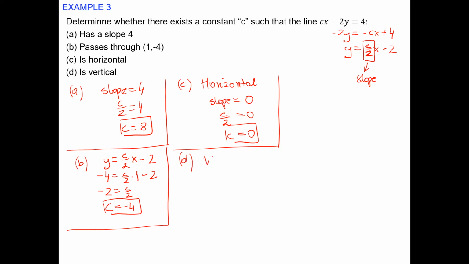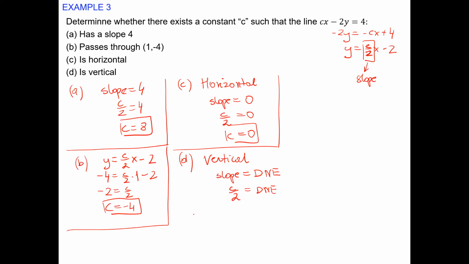Okay, and then vertical. We know that vertical lines do not have a slope. Let's say slope does not exist. Looking at this expression, c over 2, can we find that this expression is actually defined for each real number? c could be any real number and it will always be defined. Unless we say c is approaching infinity, but that's not really the situation. So we can say that with this equation, the line is never vertical.